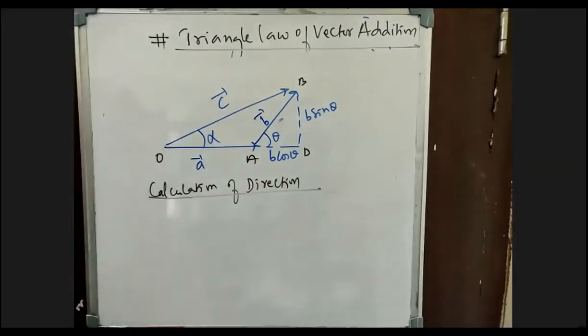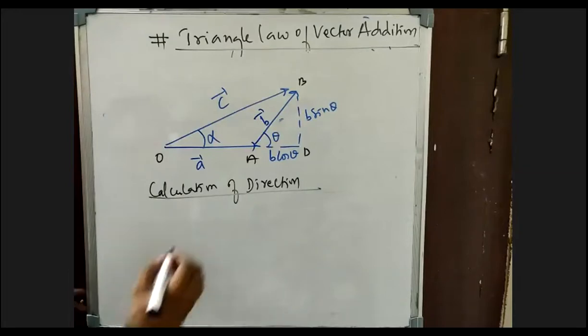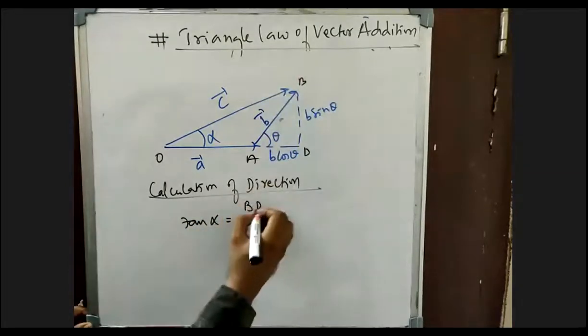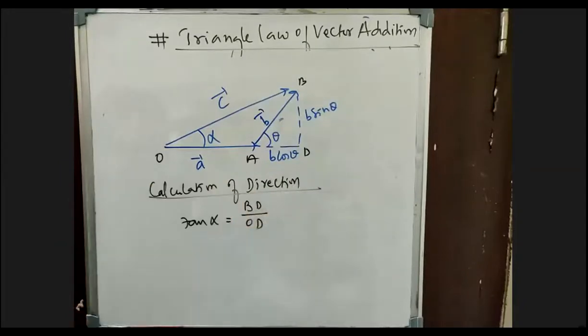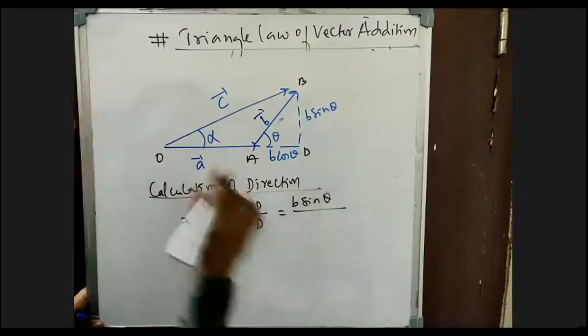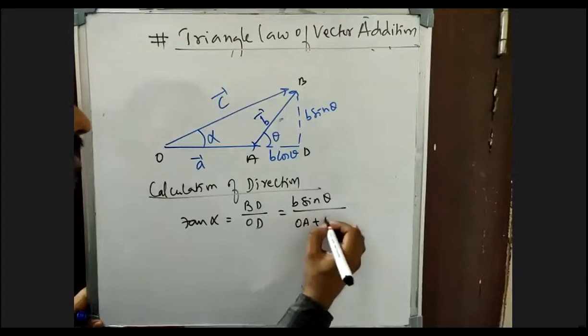Now, from the figure, what can I write? Tan alpha is equal to BD divided by OD. Is it clear? So BD value is how much? B into sin theta, divided by OD, which is nothing but OA plus AD.